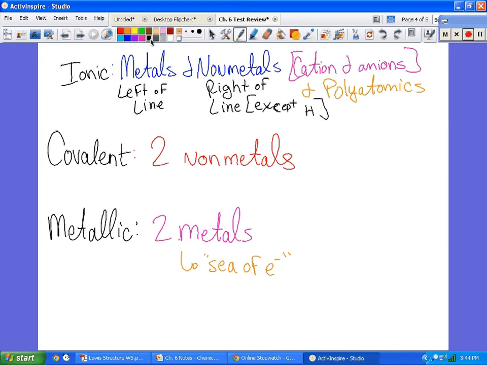Both of them are right of that line, except hydrogen, which is the one that can be to the left. And metallic, they're two metals. So where are both of them going to come from? From the left. Okay, so both are from the left.